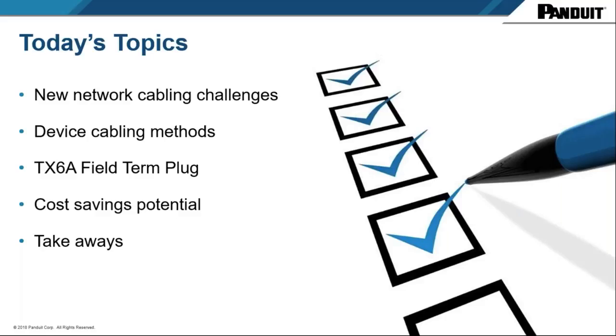Then we'll dig deep into the Panduit field term plug, taking a look at what it provides and how it compares to other products on the market. And finally, we'll wrap up with an example just to show you the kind of cost savings that this product can provide to contractors and to end customers.